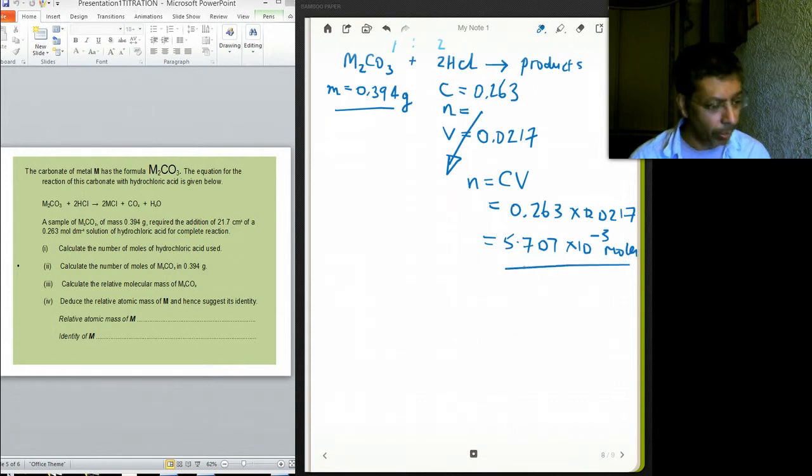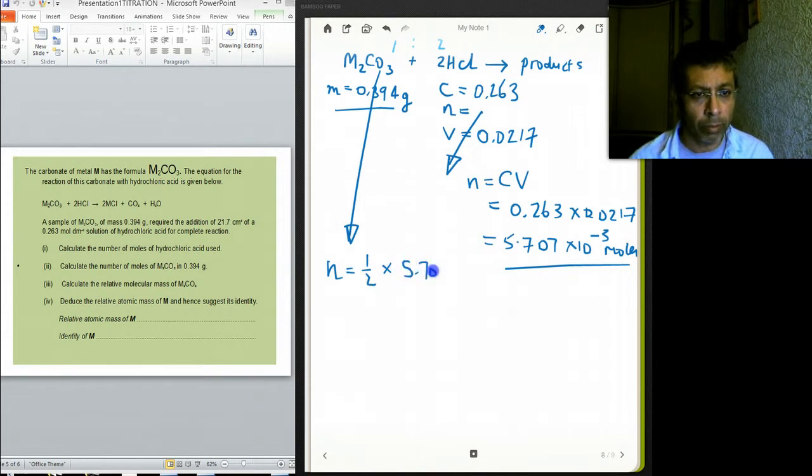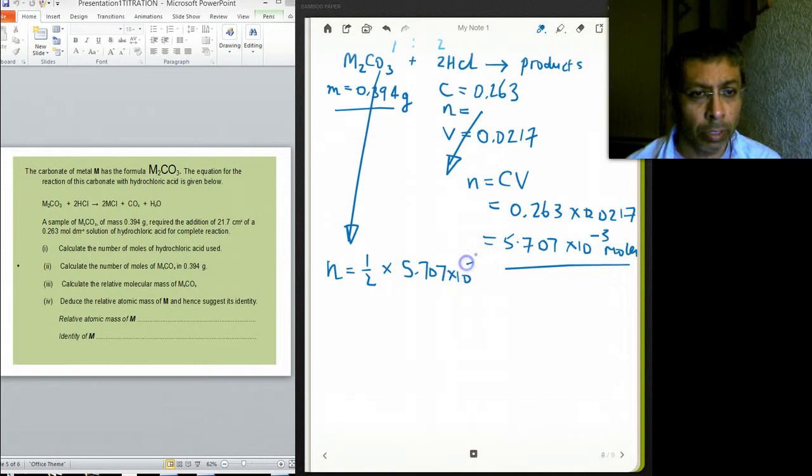Okay, fine. Now, if we know the moles of our HCl, then we can work out or deduce the moles of magnesium carbonate, not magnesium, metal carbonate. So let's do that. n equals half, it's a 1:2 ratio, times 5.707 times 10 to the minus 3.